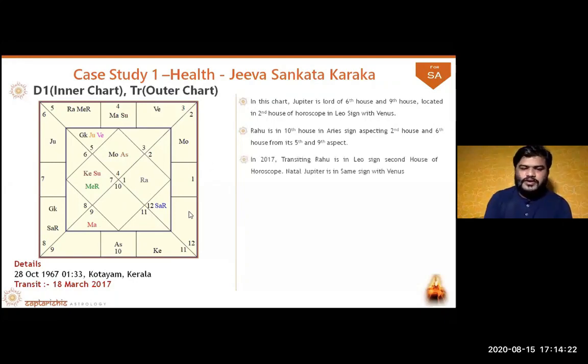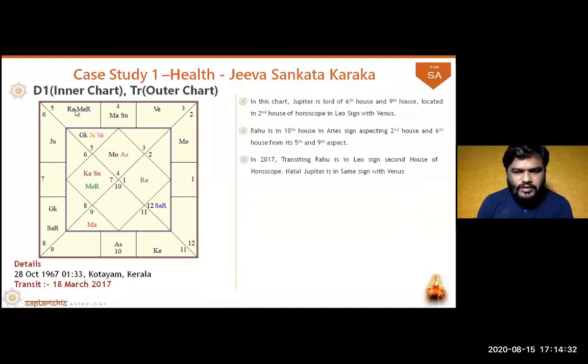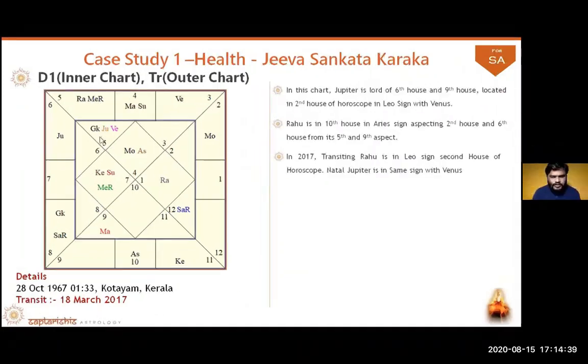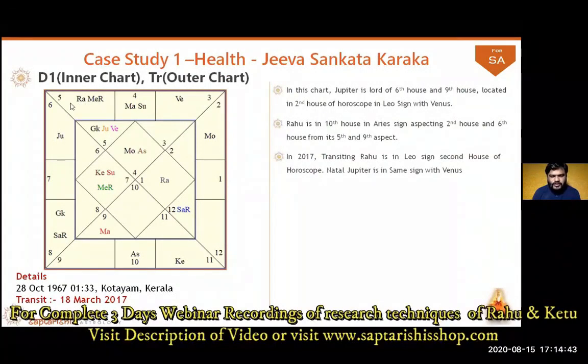In 2017, now look into this outer chart, the transit chart. In 2017, Rahu was in the Leo sign, the second house. It means Rahu is in the second house, and natal Jupiter is also in the same sign in the natal horoscope. So Rahu was transiting over the natal Jupiter.